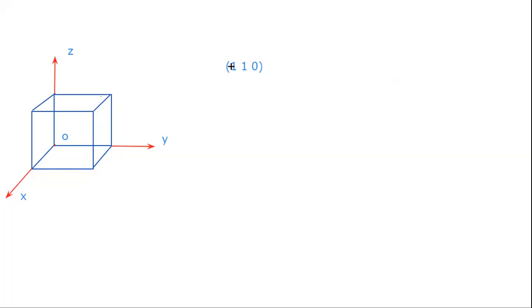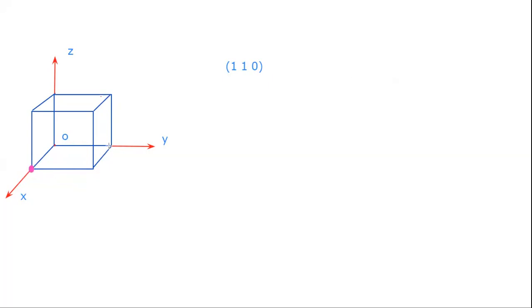So X is 1, in the X direction from origin to X is here, 1 point.